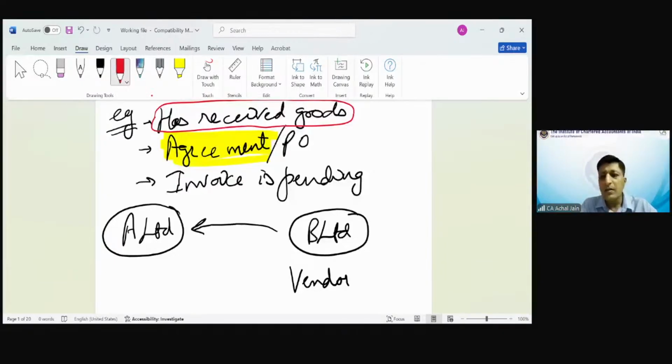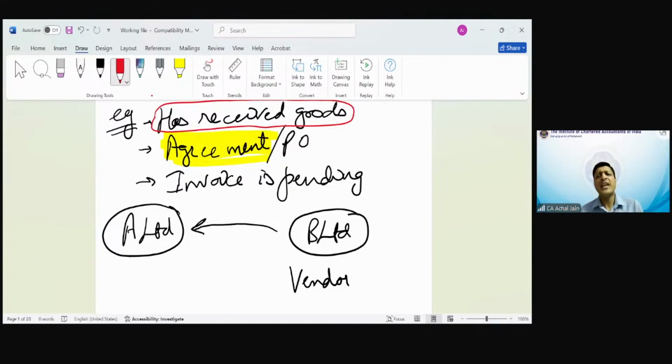Yes. So in this case, just because the invoice is pending, do you think A will require any sort of estimation? Do you think so? No.